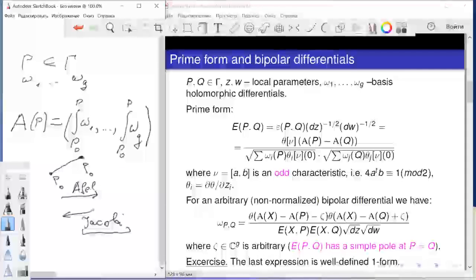So we are used to call only this map the Jacobi map, and this one is the Abel map or Abel transform.